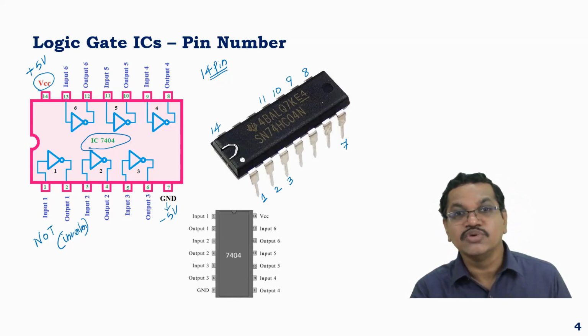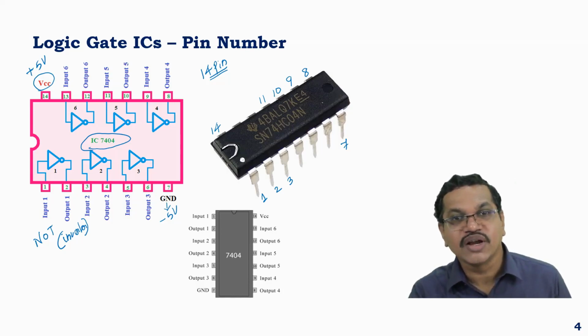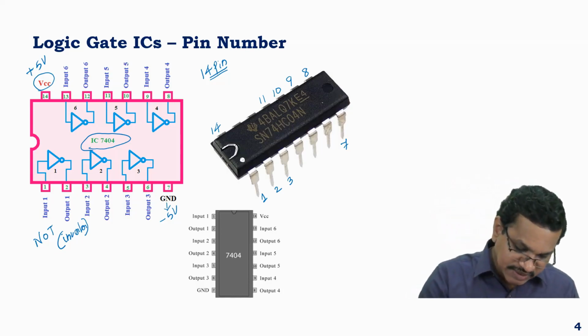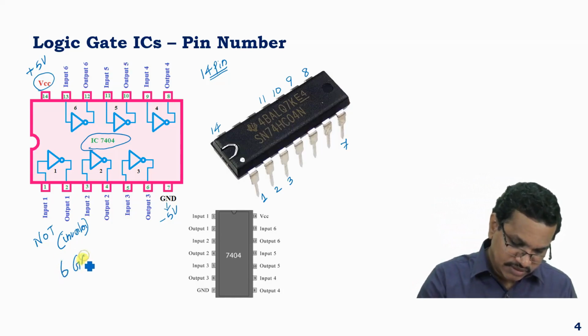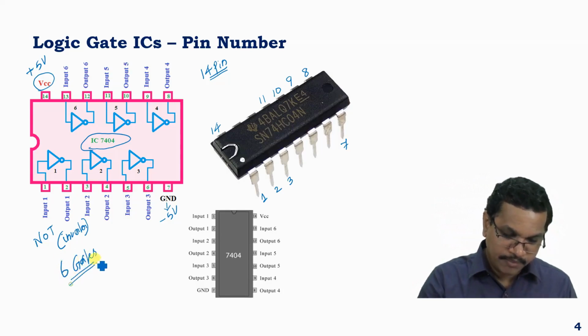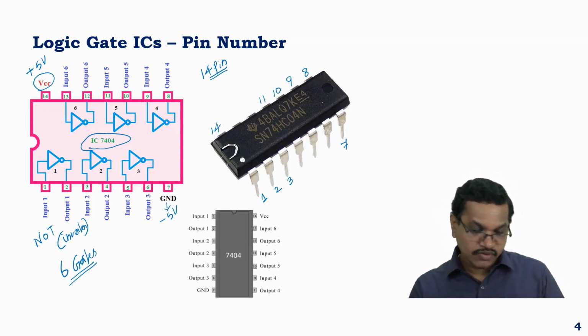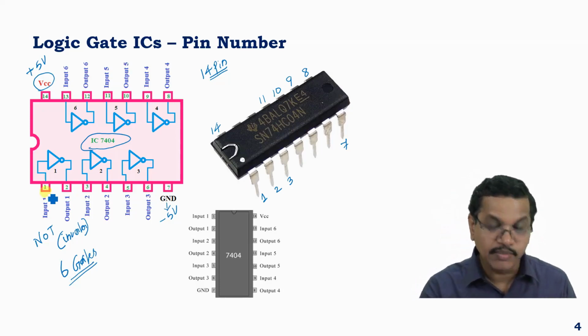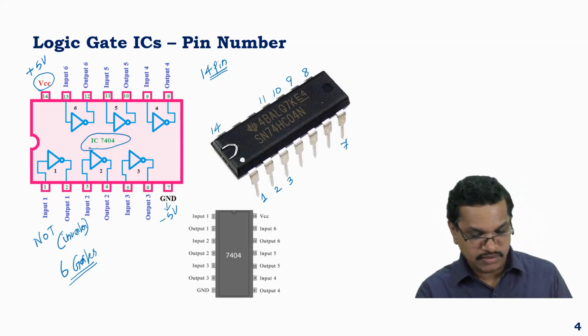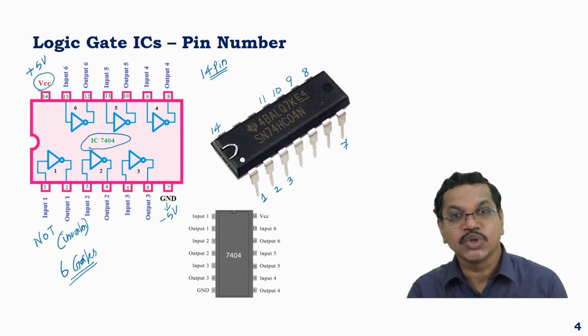Then you can start using the ICs, using the NOT gates. There are 6 gates inside one IC 7404, where 1 is going to be input, 2 will be output, 3 input, 4 will be the output of the second gate, so on and so forth.